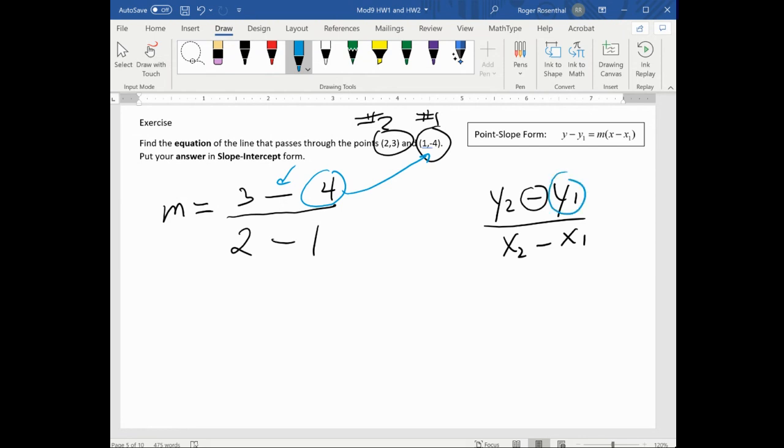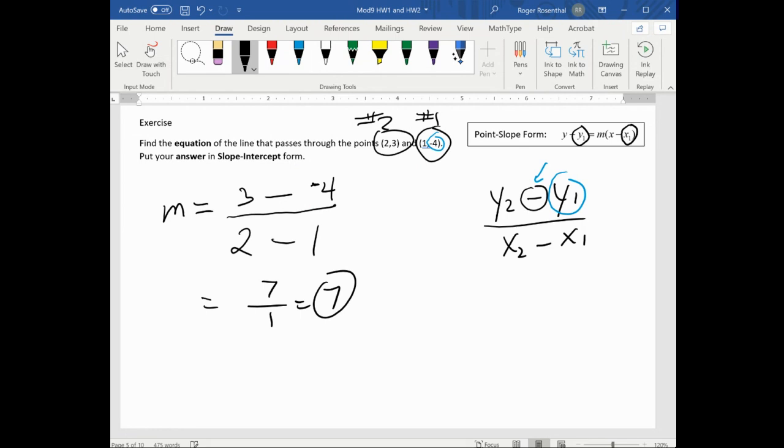Whatever goes after that minus sign there has to be the actual number. If it's negative, you have to keep the negative on there. So be careful about losing negatives here. So this becomes 7 over 1, and so the slope is 7. All you need to use this formula is the x and y coordinate from one point and the slope. And now we have that.